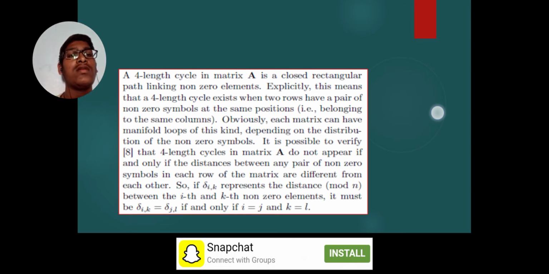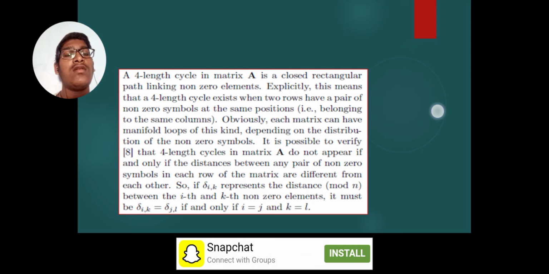Obviously, each matrix can have many loops of this kind depending on the distribution of the non-zero symbols. It is possible to verify that four-length cycles in matrix A do not appear if and only if the distances between any pair of non-zero symbols in each row of the matrix are different from each other.